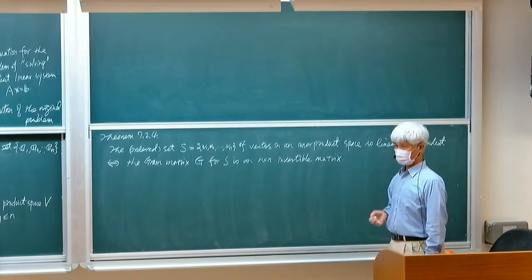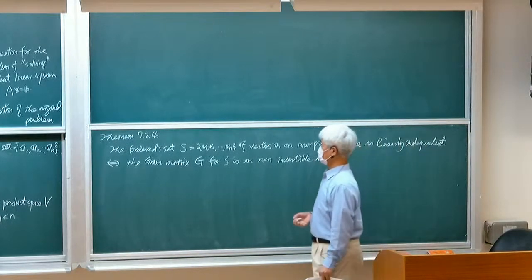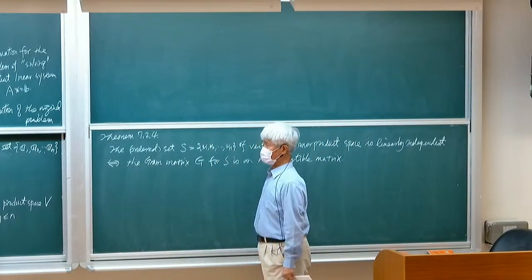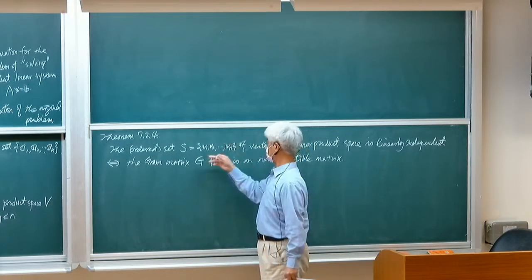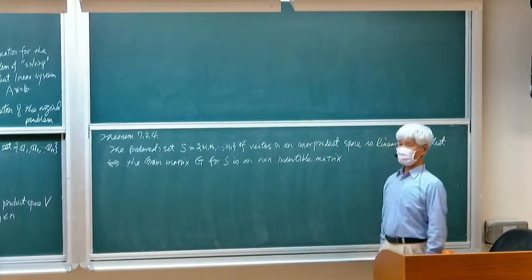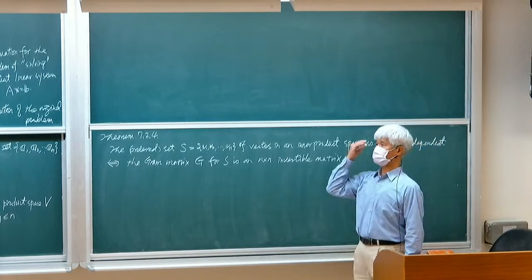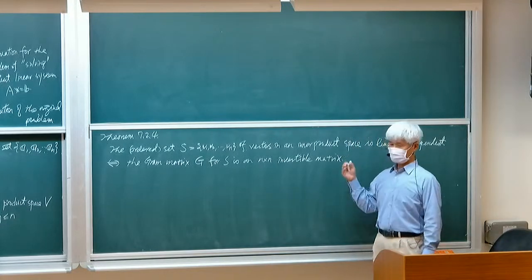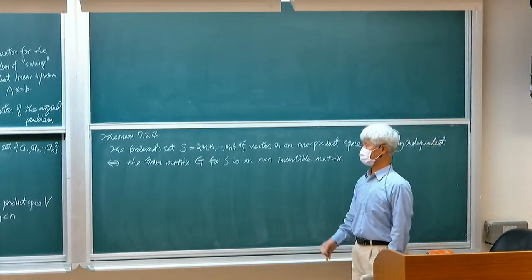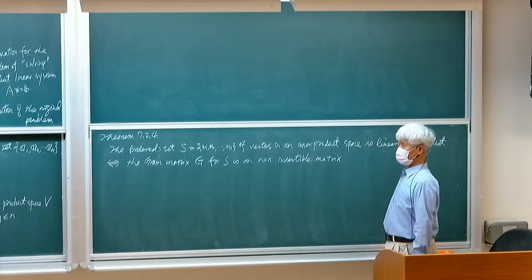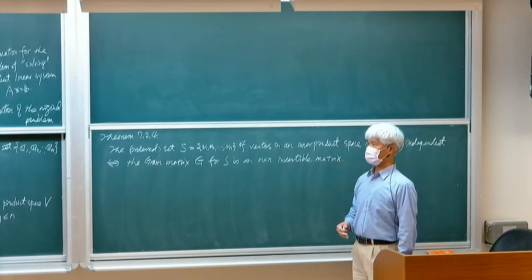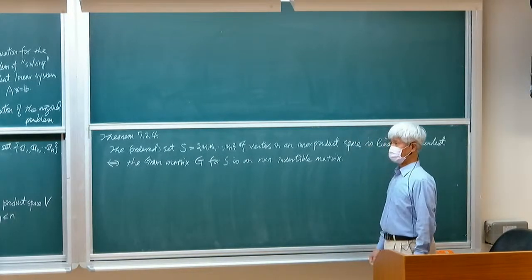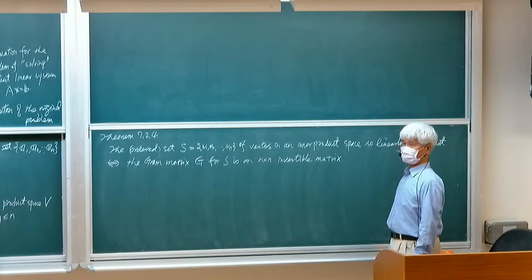For example, if they are functions, how do we check? Checking linear independence of an arbitrary set in a general vector space depends on your knowledge of the vector space, especially a function vector space.